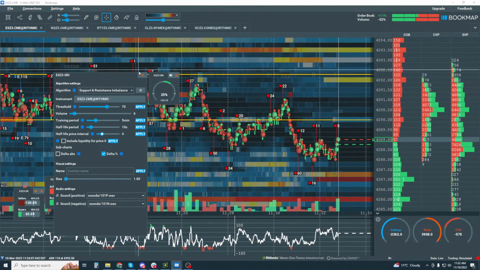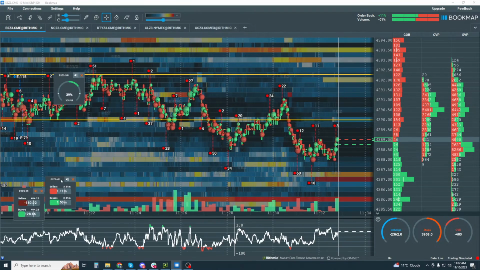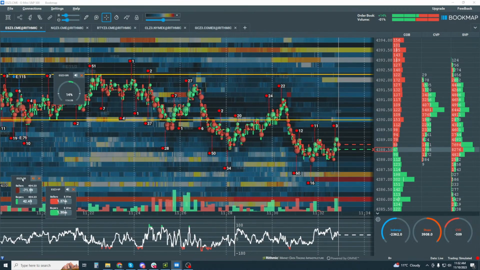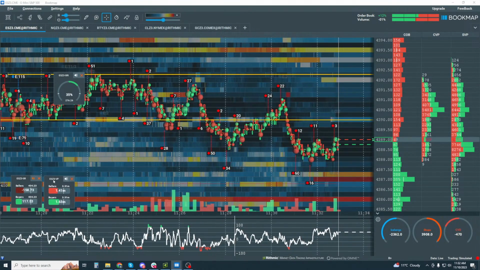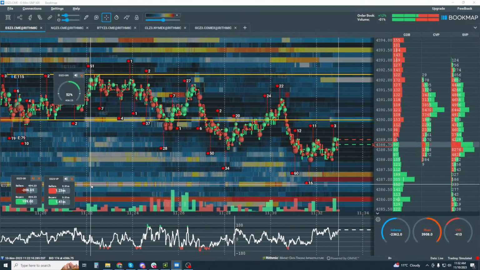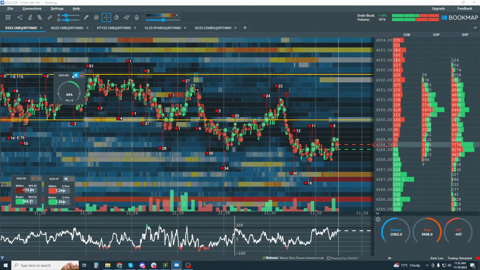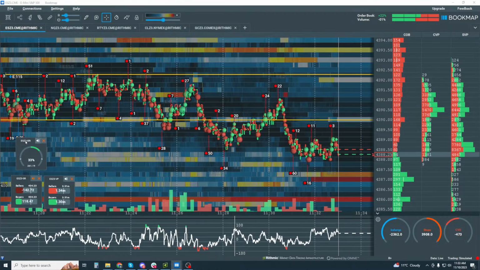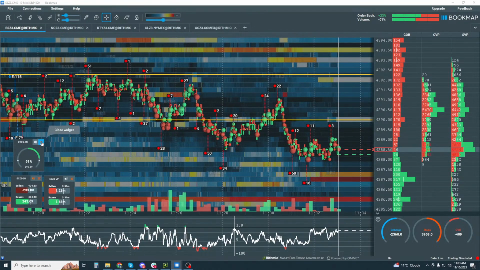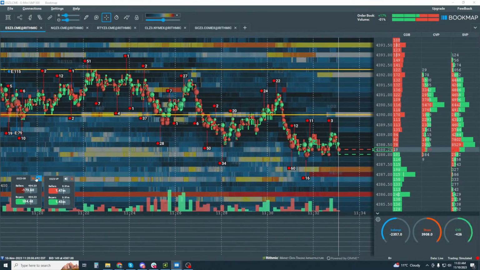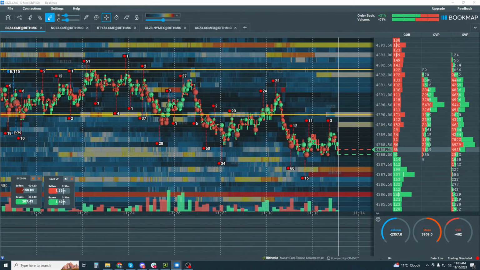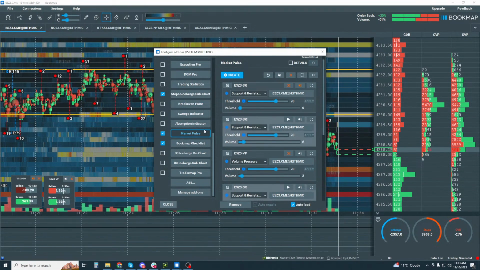Another thought using this tool, and this is something for you guys to study. I've been playing around with it. I haven't really found something quite yet, but let's create 2 of these. In fact, let's close the imbalance one, and then we'll open up another Market Pulse tool here.